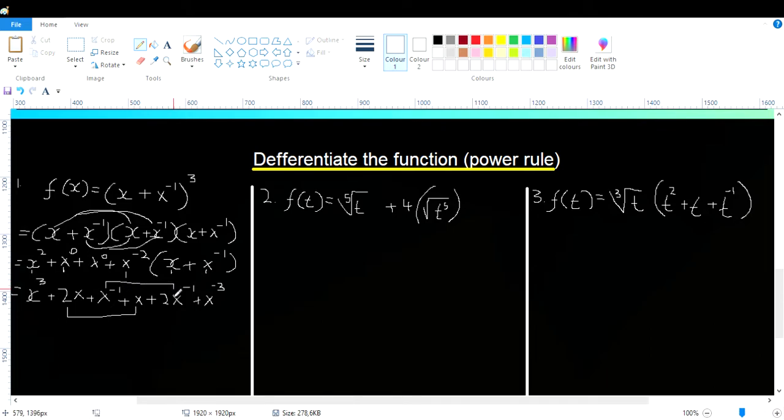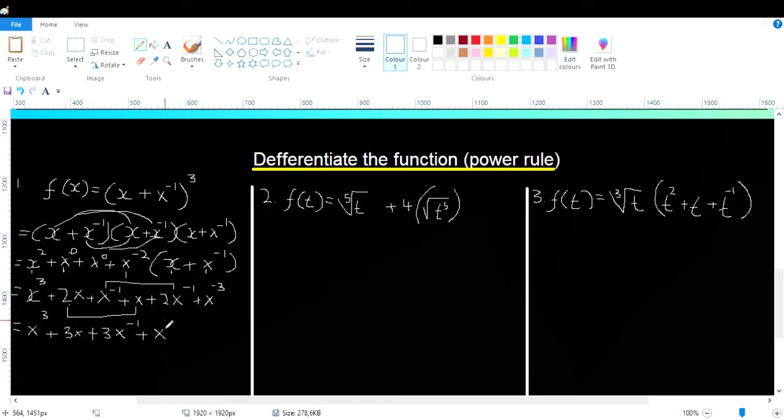So let's just add like terms and then differentiate. x to the power 3 plus 3x, then plus 3x to the power minus 1 plus 3x to the power minus 1, and plus x to the power minus 3.